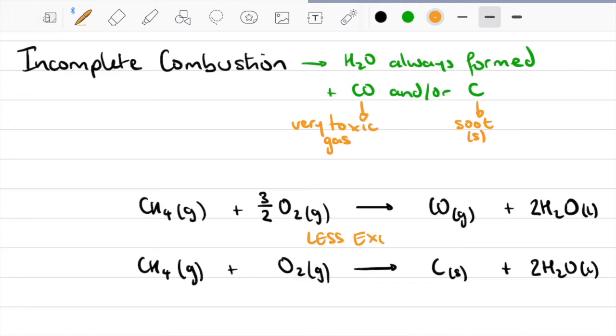So we're getting less energy transferred to the surroundings, so we have less useful energy. So that deals with our incomplete and complete combustion in terms of chemical reactions.